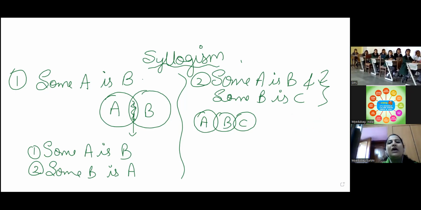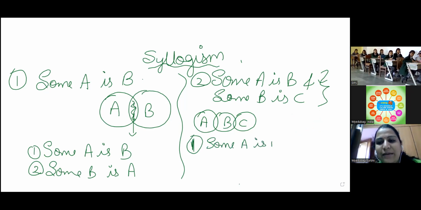Now, from this statement, what can you say? You can say 3 things. Let's see first about A and B. We can say from this statement, some A is B, as it is given in the statement. We can also say some B is A, right?